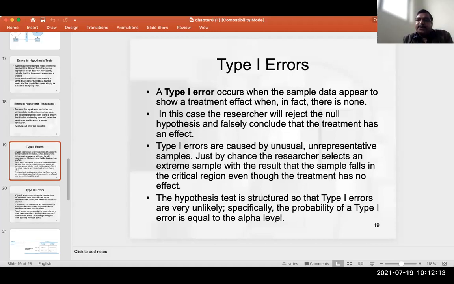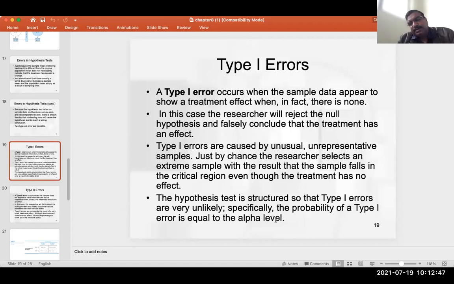If you make a statement that this person has committed some offense while driving, and that is the null hypothesis, then he should be punished. The punishment may be monetary, let's say some fine.